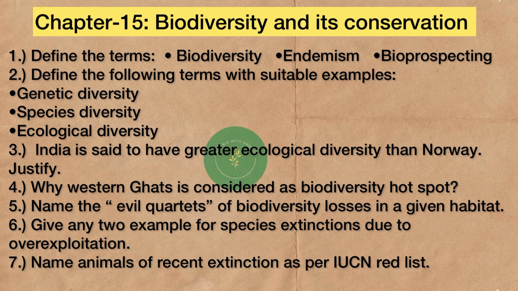From chapter number 15, biodiversity and its conservation, definitions like biodiversity, endemism, bioprospecting, all these definitions are important. And also terms with examples like genetic diversity, species diversity, ecological diversity is equally important. Why Western Ghats is considered as the biodiversity hotspot, or name the evil quartet of biodiversity losses in a given habitat, species extinction, name animals of recent extinction as per IUCN Red List.